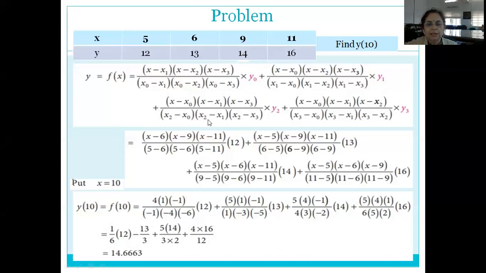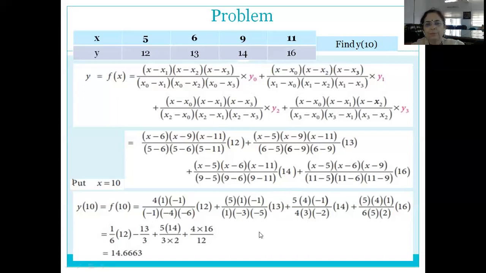So for improving accuracy, if we decide to add more data points, the previous calculation cannot be used, and so it becomes very cumbersome to repeat the entire calculation again.